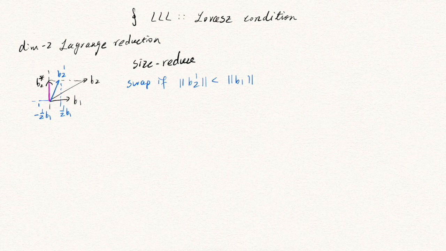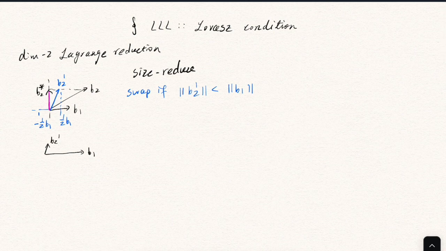And here the idea is that if B2 prime turns out to be very short compared to, say, B1, then B2 can start off very, very long, but after the reduction it turns out to be very short. In that case, there are further reduction opportunities to reduce B1 even further.